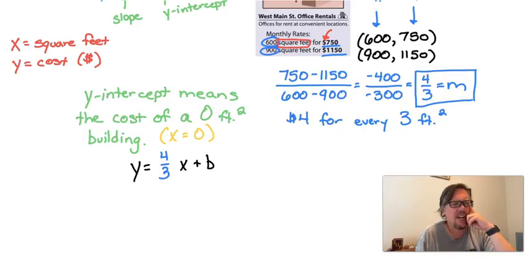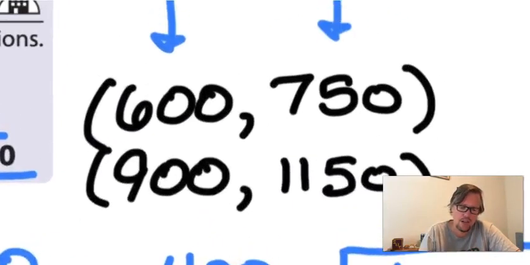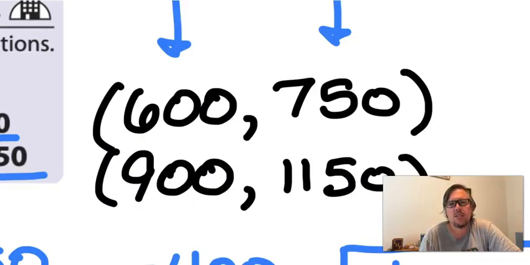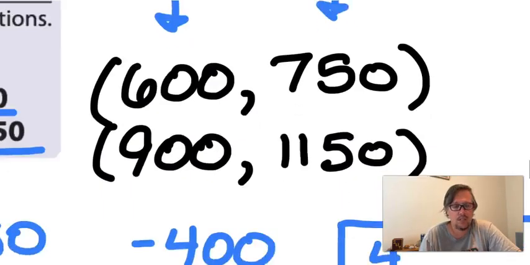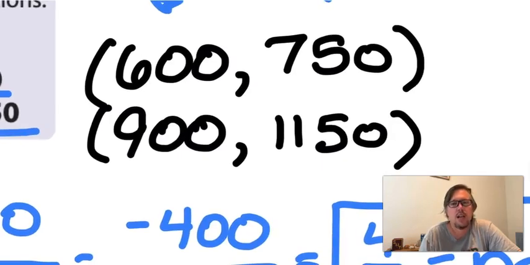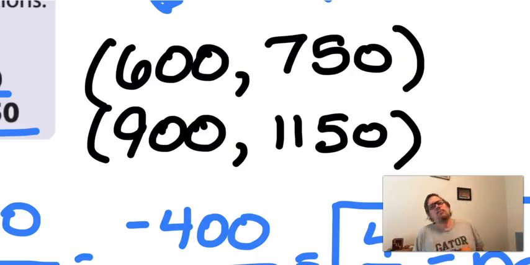In other words, is there an xy pair that I do know? And the answer is yes. There's actually two xy pairs that I know. I know that when x is 600, y is 750, and I know that when x is 900, y is 1150. I only need one of those coordinate pairs. I can use either one of those for my x and y and then solve for b.